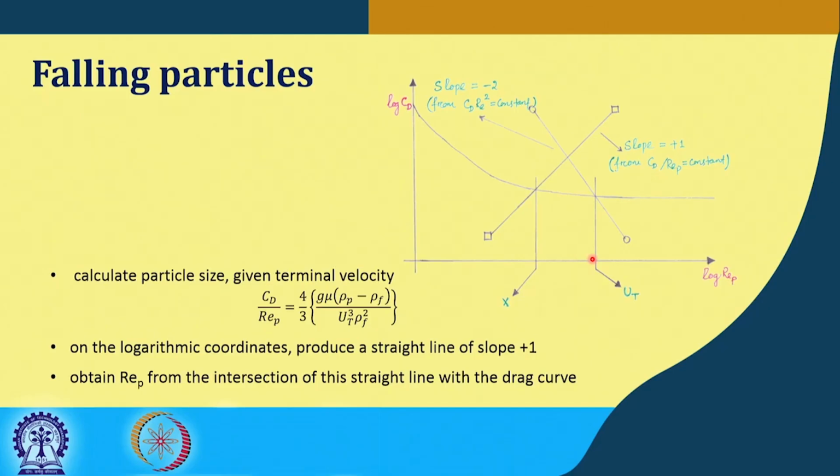So, what we have covered today is the motion of a single particle in a stagnant or stationary pool of liquid where there is no effect of boundary. We have seen the validity of Stokes law, we have seen what Newton's law region is, and we have seen what the CD versus RE curve looks like for the entire range.